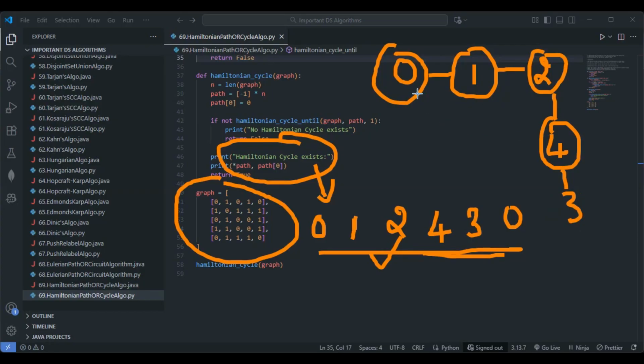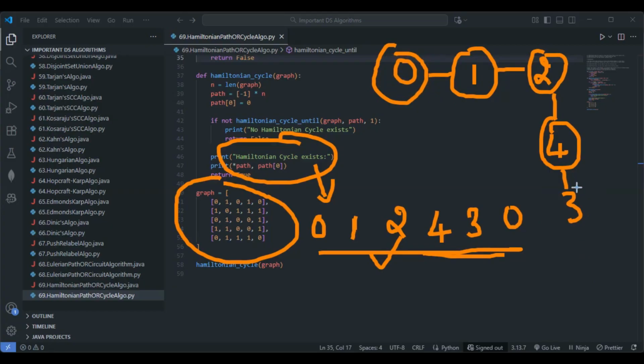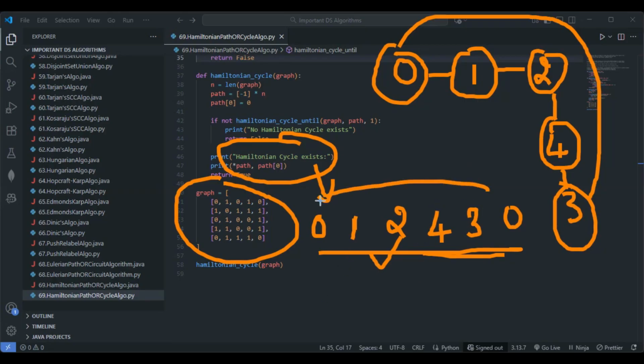Sorry, I got confused here, this one I should have written differently. We are going for the loop, right? So it returns to 0 from 3. 0, 1, 2, 4, 3, 0.